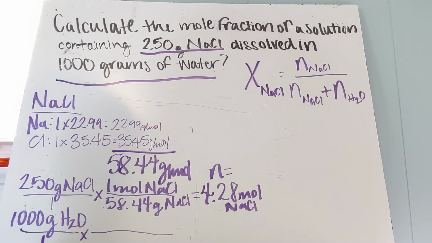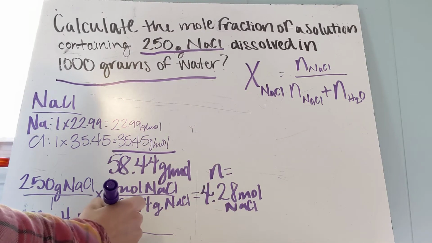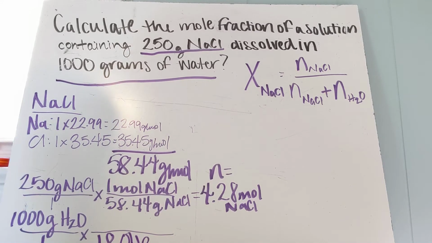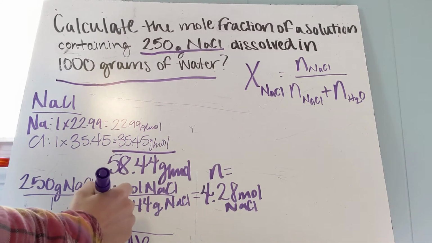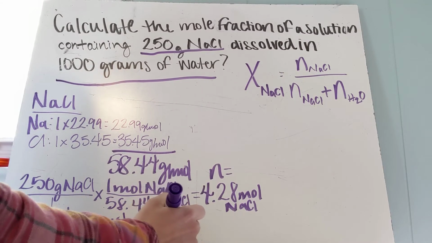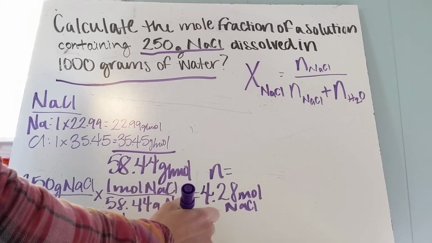The molar mass of water is 18.016. So, I'm going to have 1 mole of water divided by 18.016 grams of water.